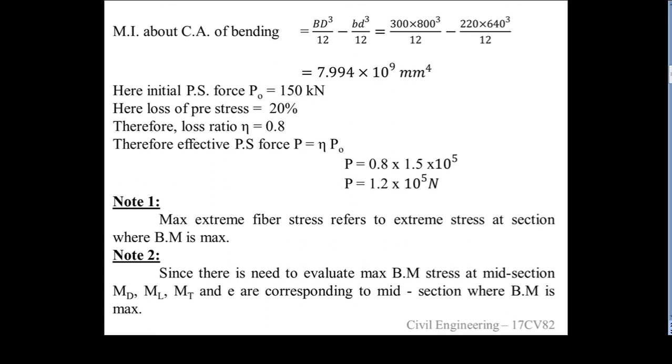Therefore effective pre-stressing force P is equal to nu P naught. P is equal to 0.8 into 1.5 into 10 raised to 5 gives P is equal to 1.2 into 10 raised to 5 Newton. Okay, this is the net P value, that is the pre-stress force available in a member.